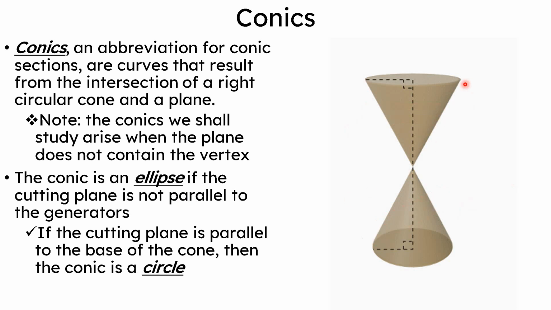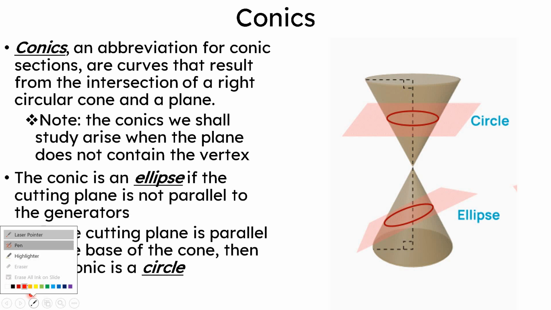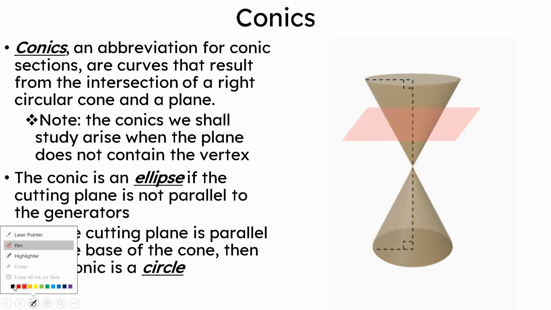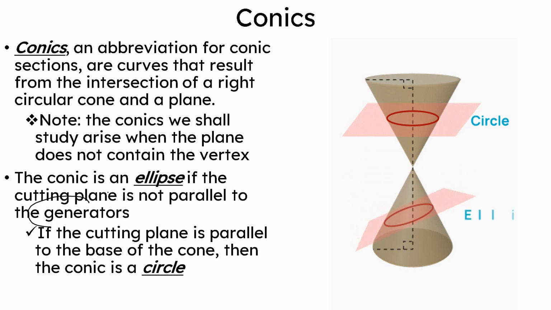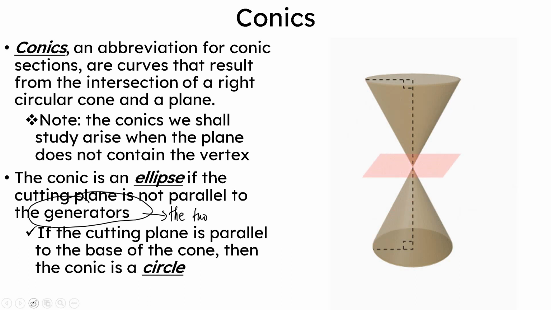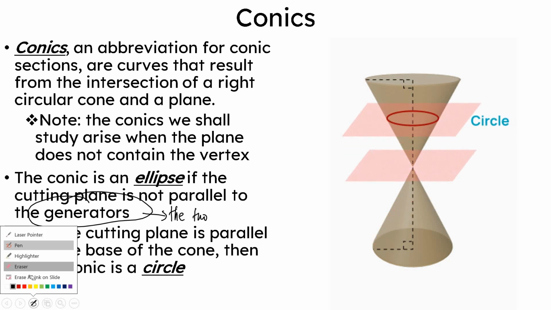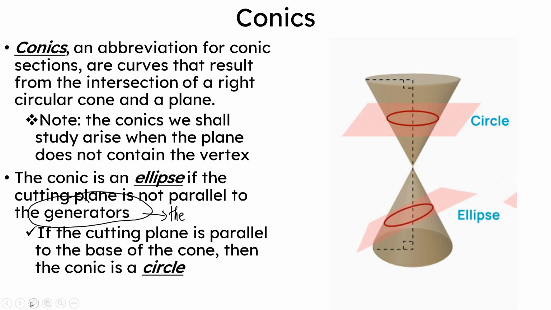When we say the generators, these are the two lines that generated or created the actual cone. So, sulat natin yun. These generators, we are talking about the two lines, the two cones.